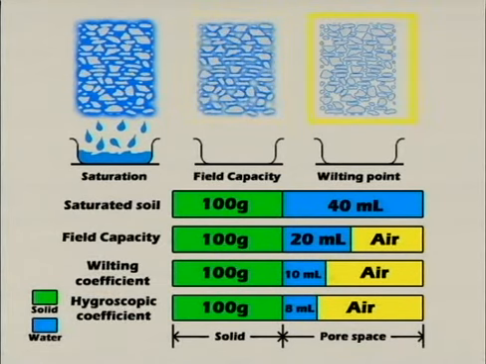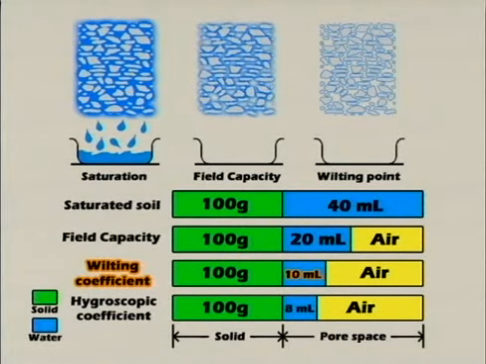That water, which is held very closely by these soil particles, is very, very difficult for the plant to withdraw. And we'll actually see more water loss from the plant than we see uptake from the soil, and that's why it's called the wilting point. At this wilting point, or wilting coefficient, we would have a small portion of the water that's left in the soil that was held there initially.